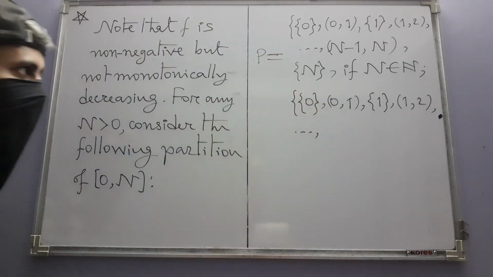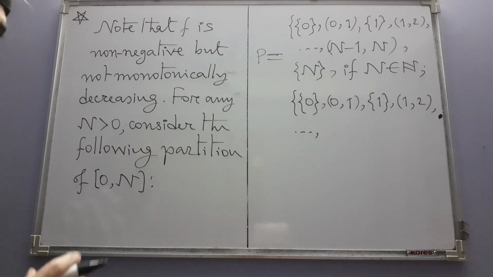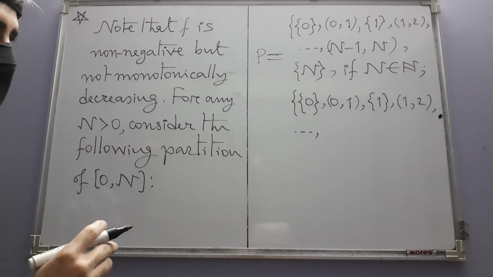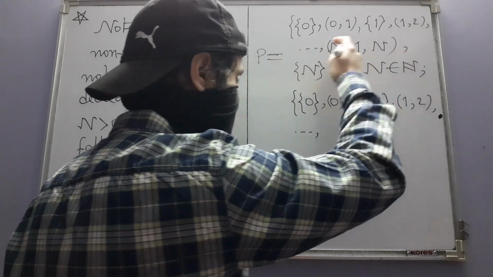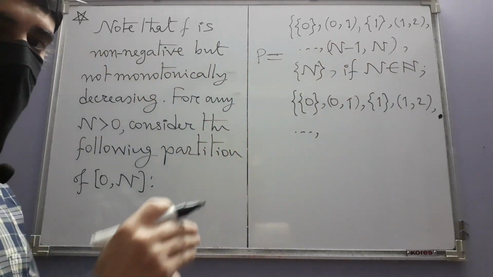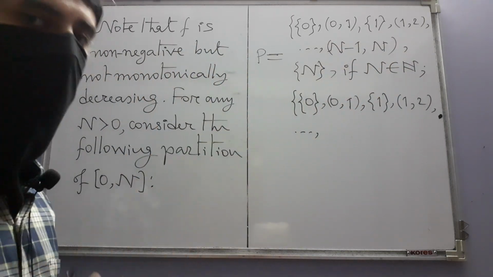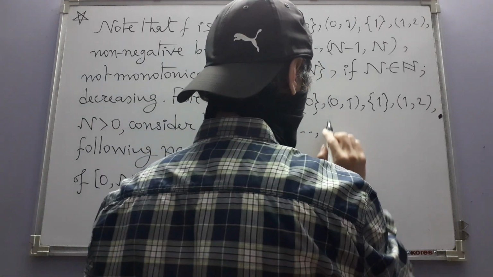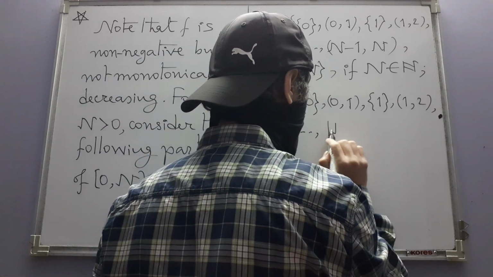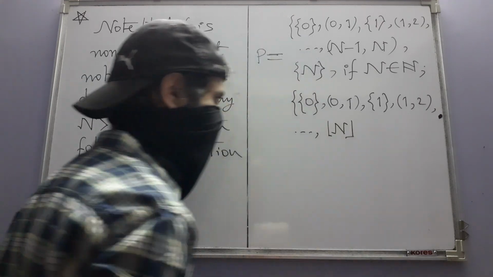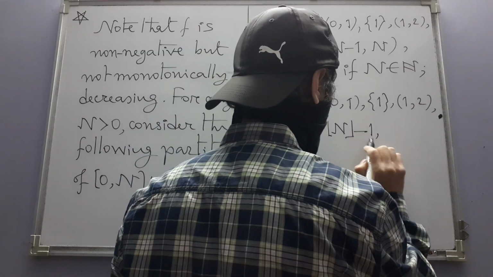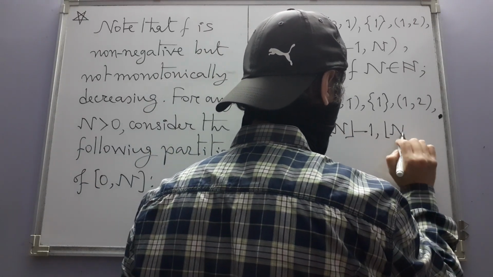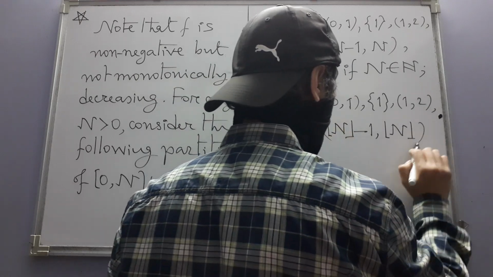Okay, now we will, however, be able to consider an interval where we end, okay, and its endpoints are really integers. However, this time that has to involve the floor function minus 1, floor n.